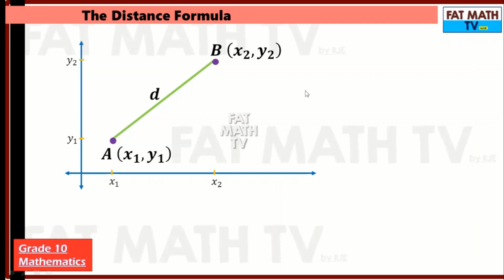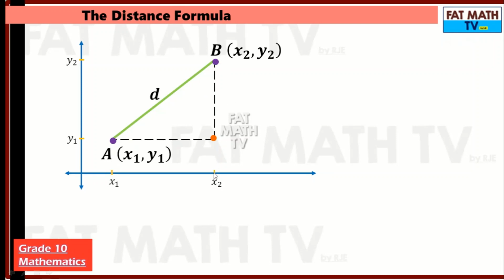In order for us to solve that, we need to drop a vertical line here and draw a horizontal line here in such a way that we form a right triangle. So what are the coordinates of this point so that we form a right triangle?